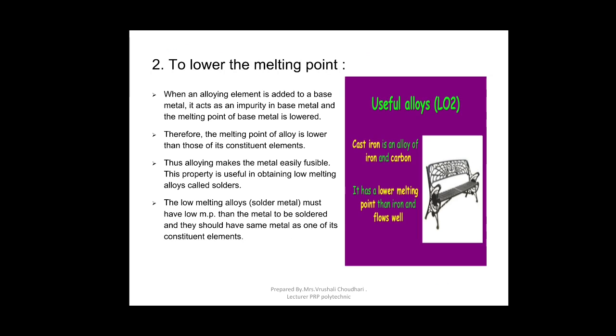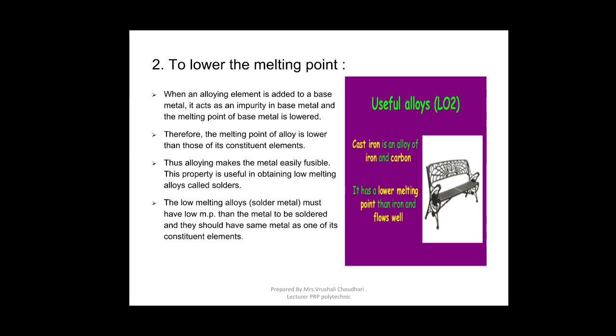Second point is to lower the melting point. When the alloying element is added to the base metal, it acts as an impurity and the melting point of the base metal decreases. Generally, metals have a very high melting point. So it is difficult to convert them into different shapes and sizes, to cast them.